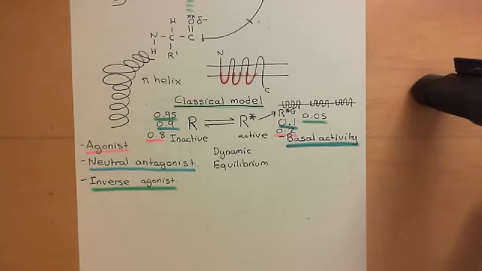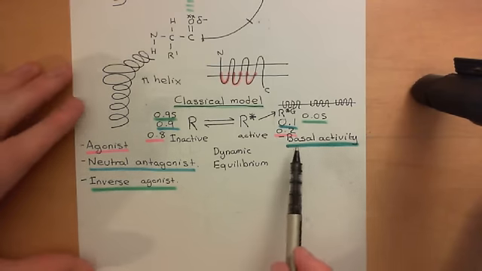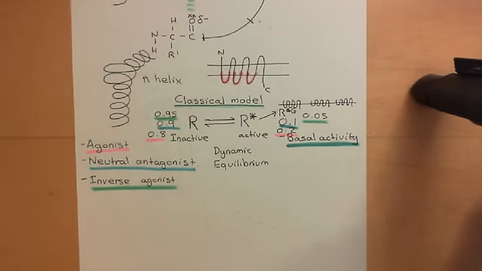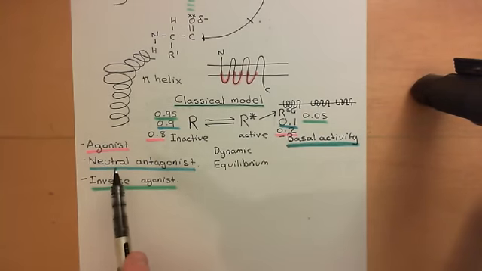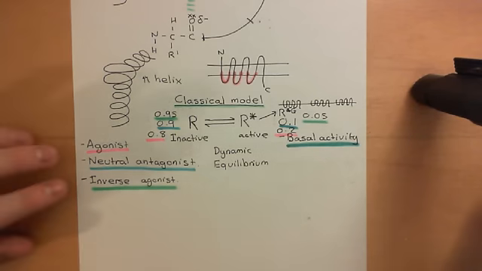Okay, they slightly favor the inactive state over the active state, and that can lead to problems, okay, because usually the basal signaling of G protein coupled receptors is very important, and if you lose that because you've put in an inverse agonist, that can lead to problems when actually all you were hoping to do was have the effect of a neutral antagonist and just stop the signaling from being elevated by endogenous agonists. Okay, so it's not a trivial difference between a neutral antagonist and an inverse agonist.